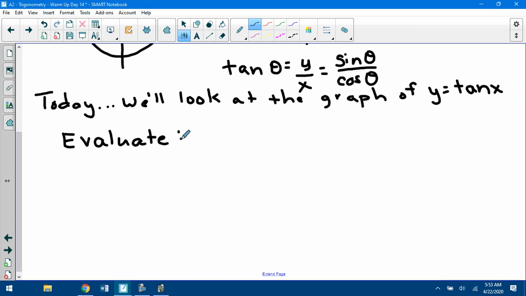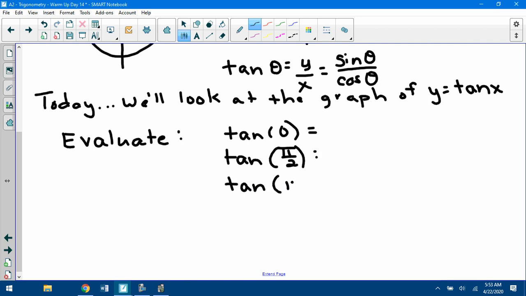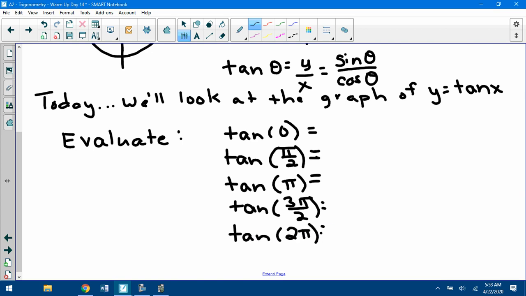So let's say we're going to evaluate tangent of 0, tangent of pi over 2, tangent of pi, tangent of 3 pi over 2, and tangent of 2 pi. Okay, so those are all the quadrantals.